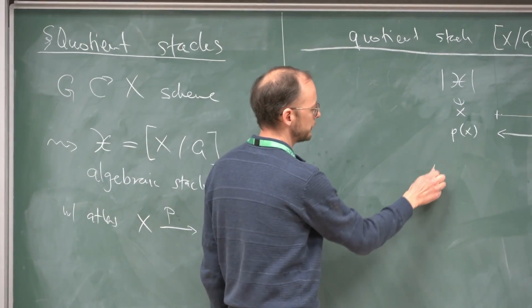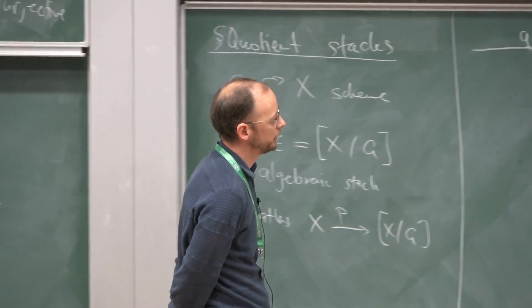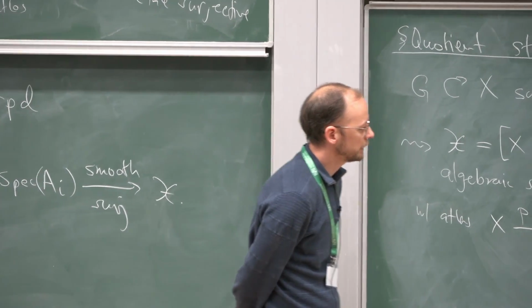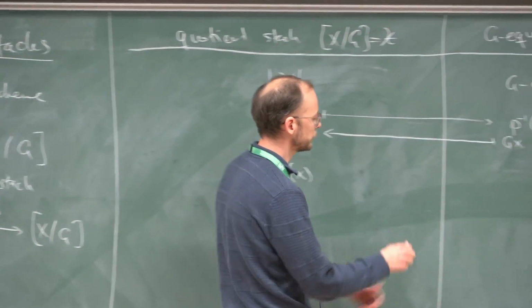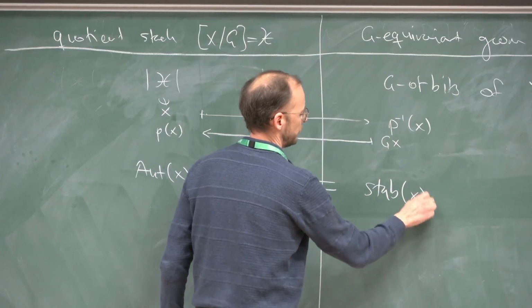Now the automorphism group of a point of my stack X is equal to the stabilizer group of a corresponding point.